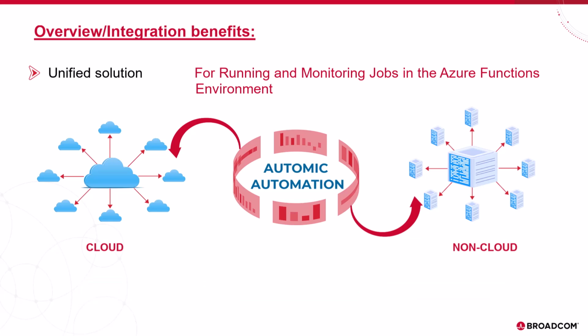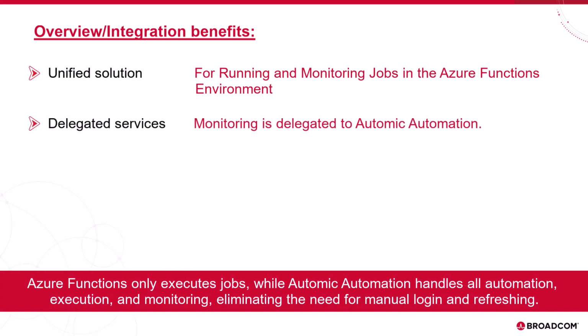Azure Functions processes can then be synchronized with all other environments routinely supported by Automic Automation. Azure Functions' role is reduced to execute the jobs. All other functions, especially those pertaining to automation, are delegated to Automic Automation.